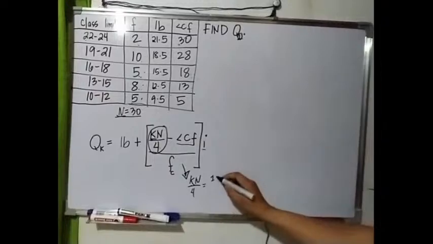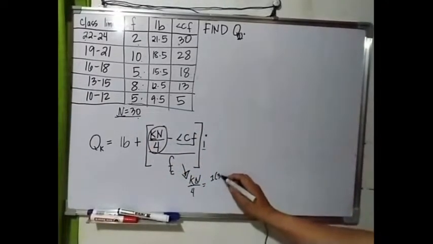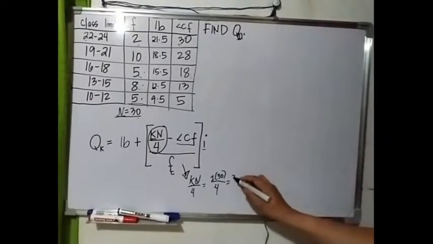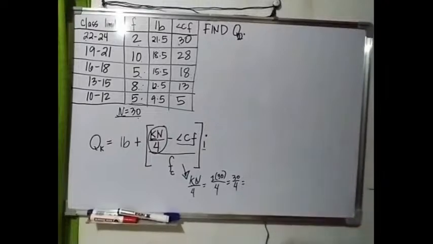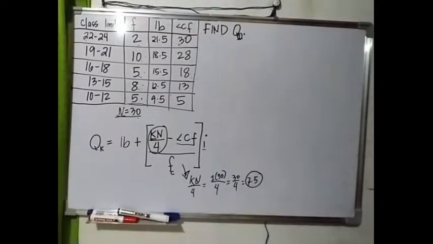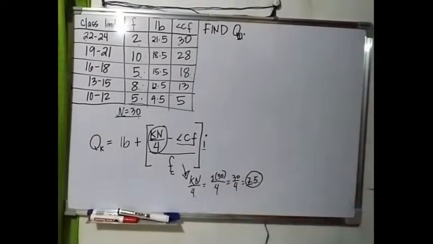So 1 times n, that is 30, divide 4. So 30 divided by 4, that is, what is your answer? 7.5. Okay, 7.5. Ito yung 7.5. The value of k times n over 4.